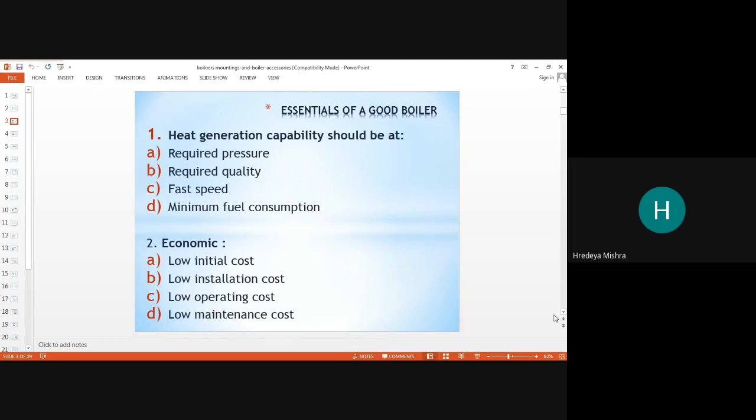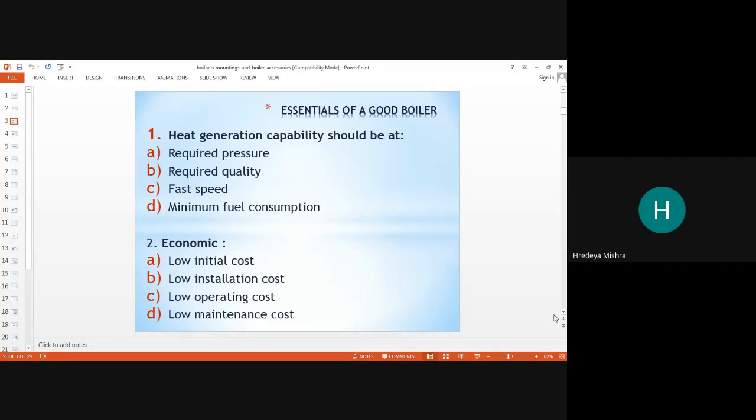So if fuel consumption is low, it means our input is low, and faster speed is needed for steam generation, so that we can say we have a good boiler.